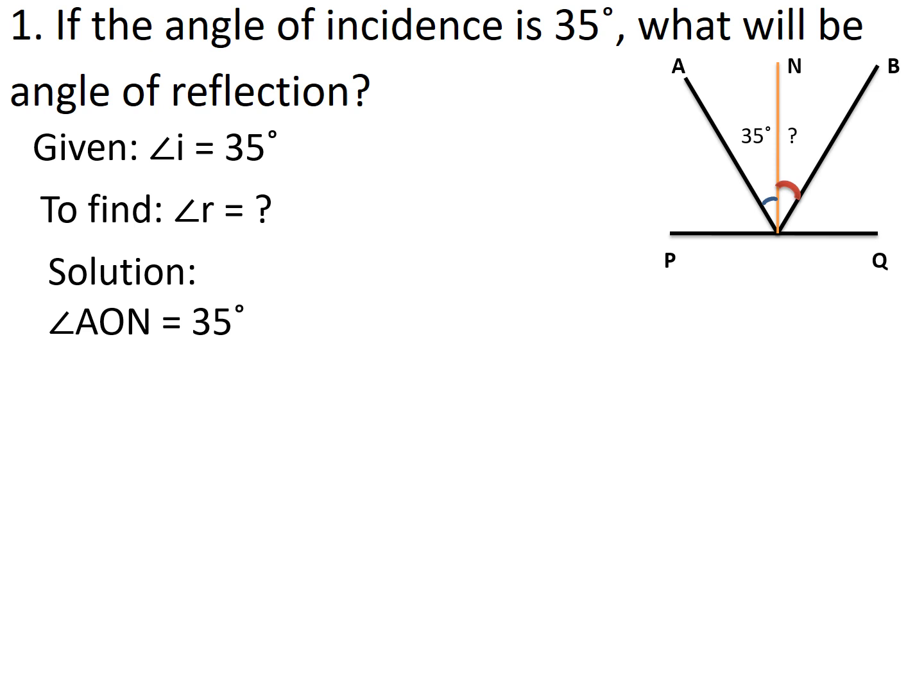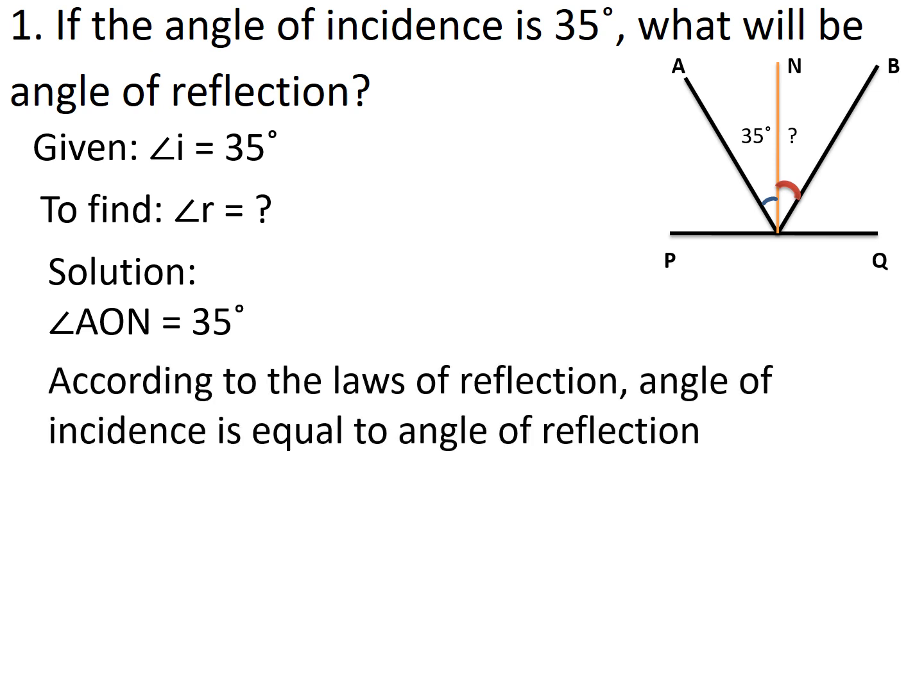We have learned some laws of reflection, and according to the laws of reflection, we know angle of incidence is equal to angle of reflection, which means angle AON is equal to angle NOB. That is why, when I was teaching you laws of reflection, I told you that you should know your laws so that you can solve your numerical. Here we had the first law, angle of incidence is equal to angle of reflection.